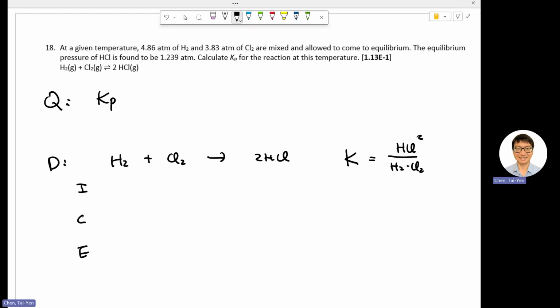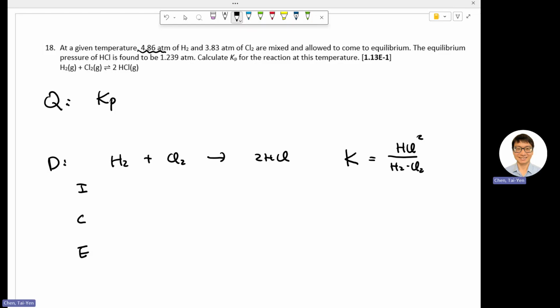All right, so now we're going to go back and start to put in the numbers. Where should I put this 4.86? Which row should I put it in? Initial. How do you know it's initial? Yeah, it says allowed to come to equilibrium, right?